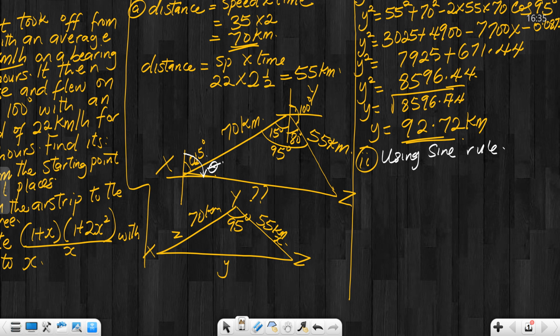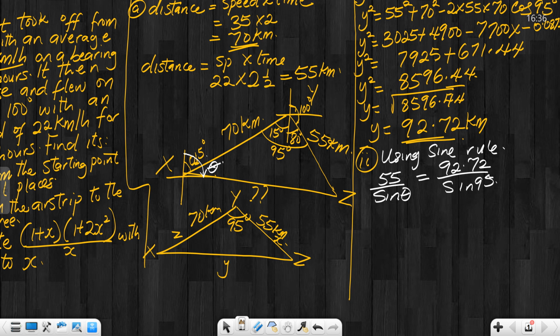Using the sine rule, what do we have here? We have 55 all over sine theta equal to, sorry, what do we have here? We have 92.72 all over sine 95.